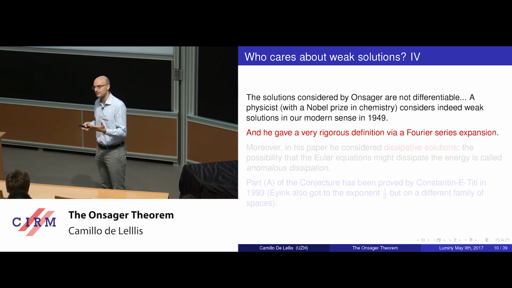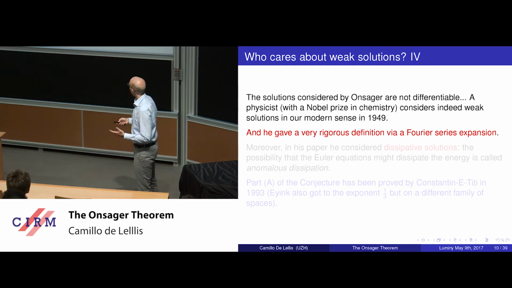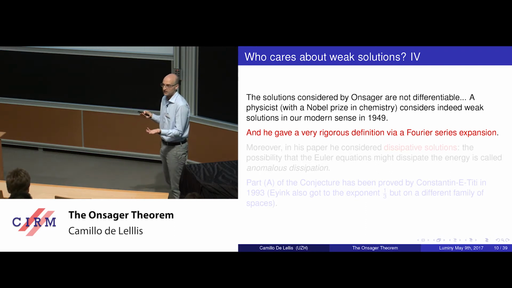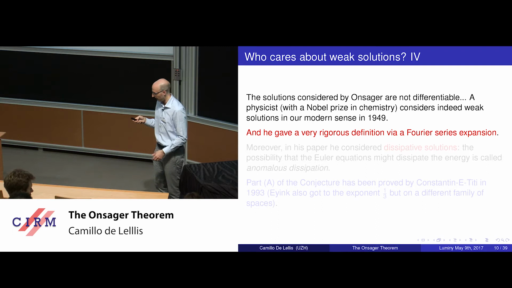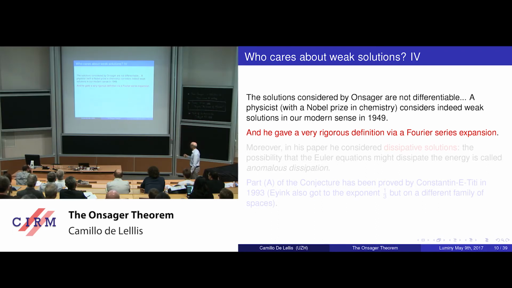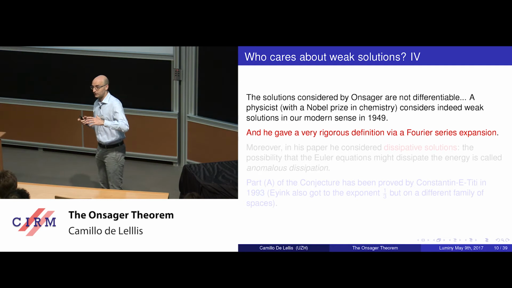And it's very precise. In one paragraph he first states the conjecture, and then below he says, now I should tell you what I mean by weak solution, because of course, since I cannot differentiate v, what does it mean to be a solution to the equation? And it's interesting because it takes a very rigorous definition. It takes exactly the Fourier series expansion definition. In the previous paper, he has derived the infinite system of ODEs for the Fourier coefficients.